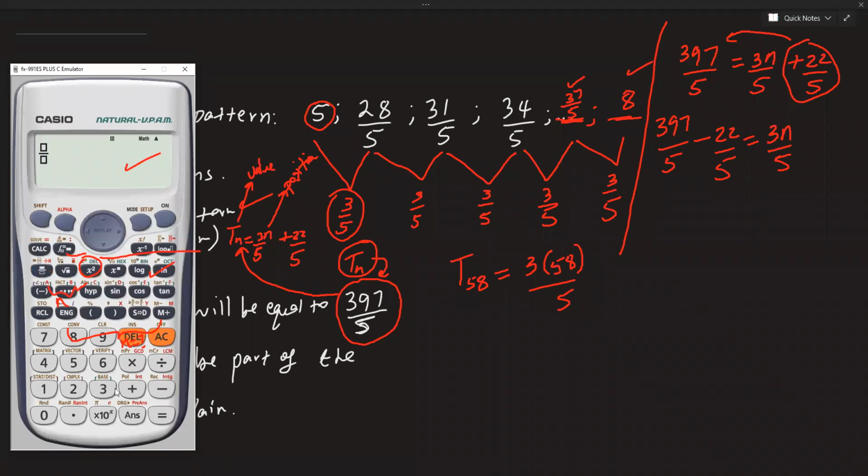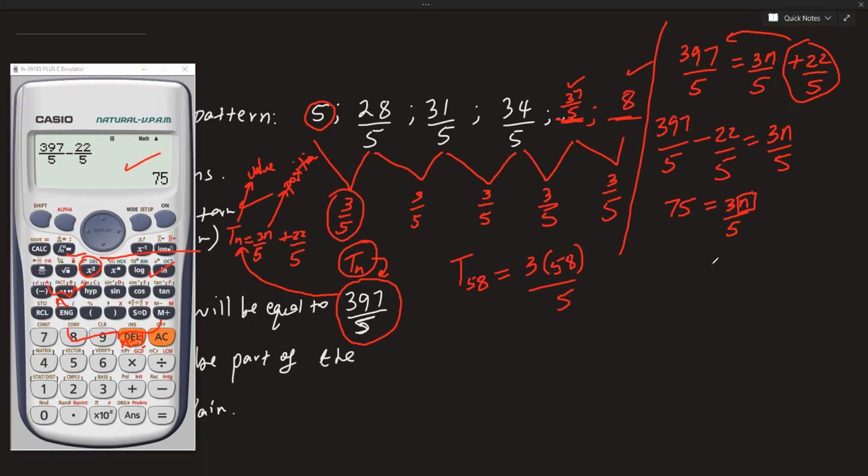We have 397 over 5 minus 22 over 5. That gives us 75, right? So I have 75 equals 3n over 5, right? But I need the n to be alone, basically.